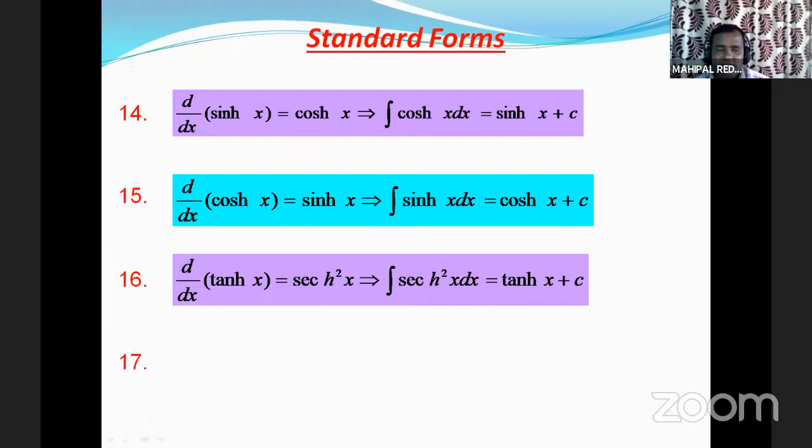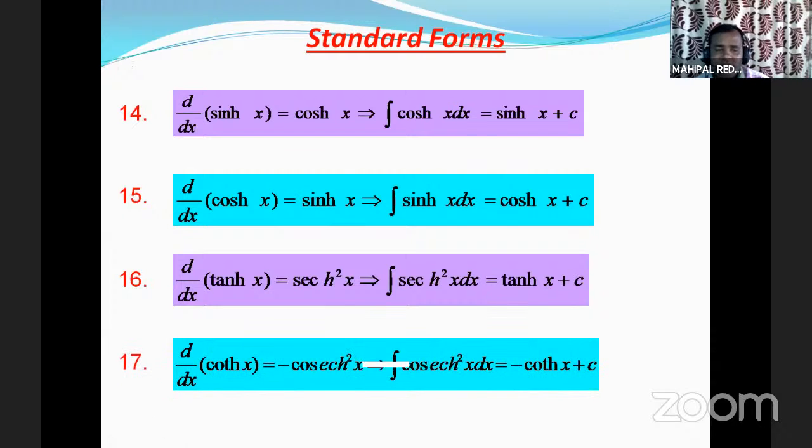Next, 17th one, the derivative of coth x equals minus cosech square x. So it implies the integration of cosech square x dx equals minus coth x plus c.